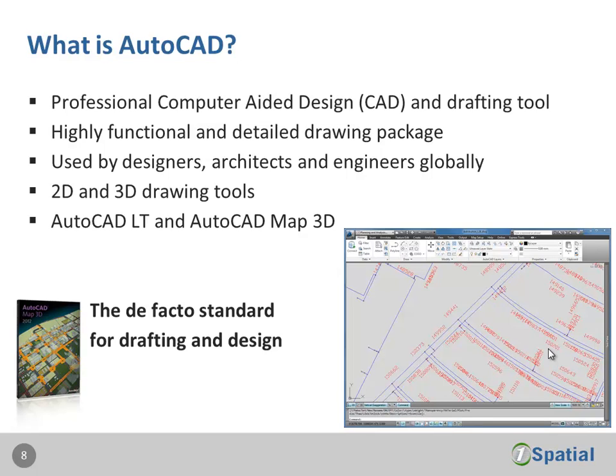The main difference between the two products is that Map 3D is really the tool that has the GIS-like capabilities. So you have the ability to work with attribution, map projections, and really coordinate space within the Map 3D tool. And obviously the name indicates that you can work with the third dimension.